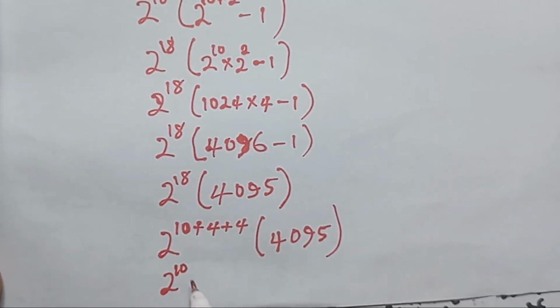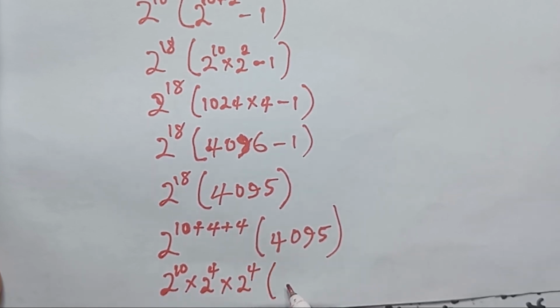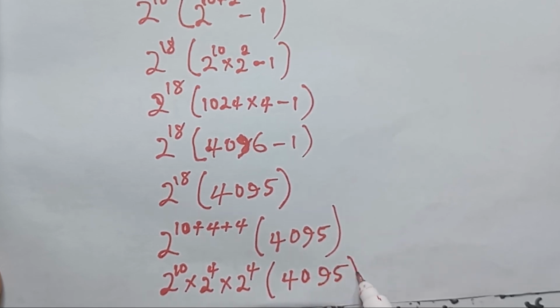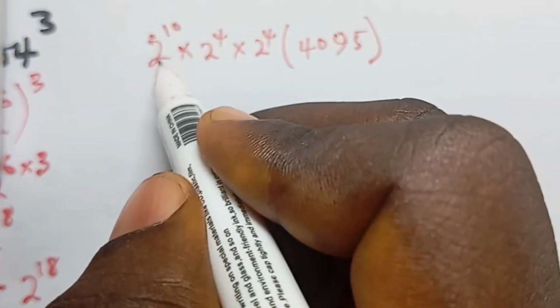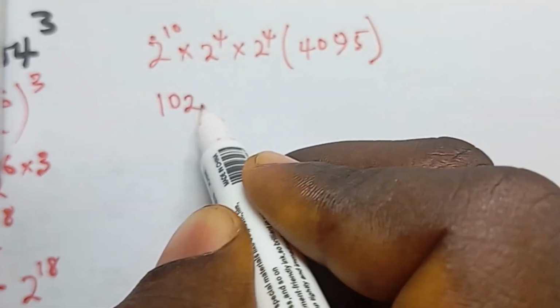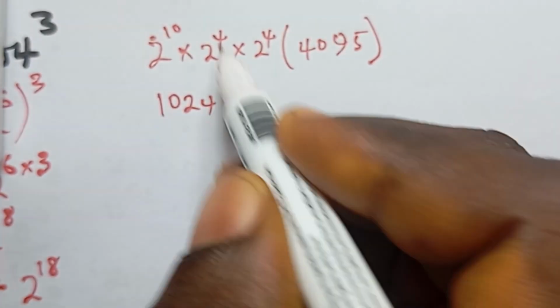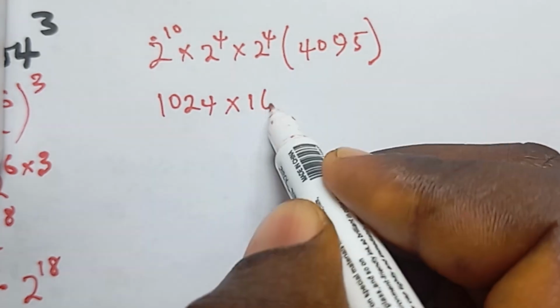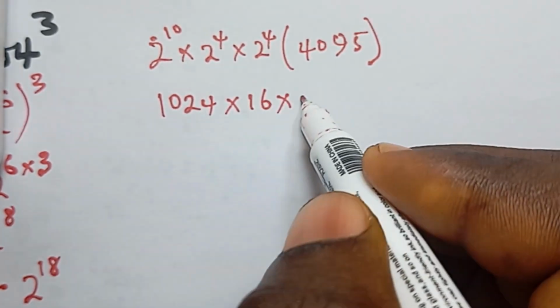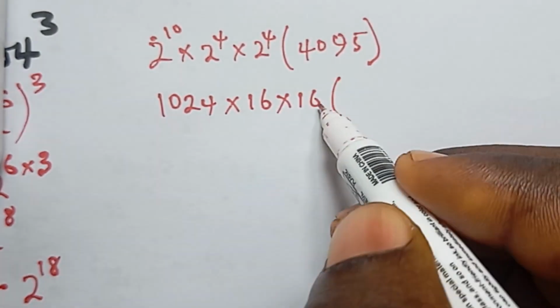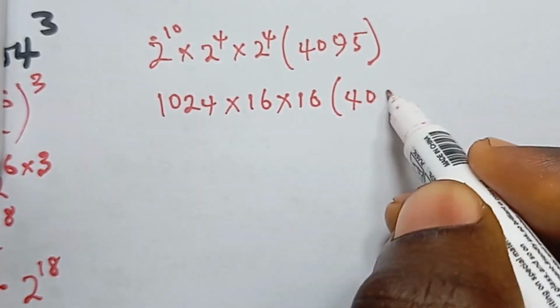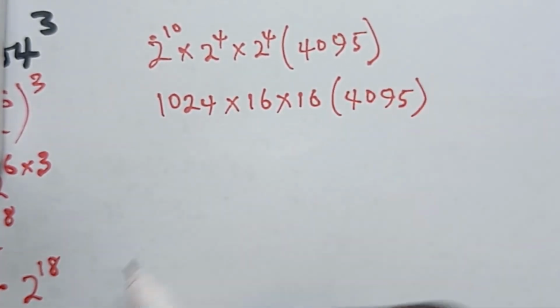So this is now 2 power 10 multiplied by 2 power 4, and then multiplied by another 2 power 4, and all of these multiplied by 4095. So 2 power 10 is 1024, multiplied by 2 power 4 here, which is 16, multiplied by 2 power 4, another 16, and all of these multiplied by 4095.